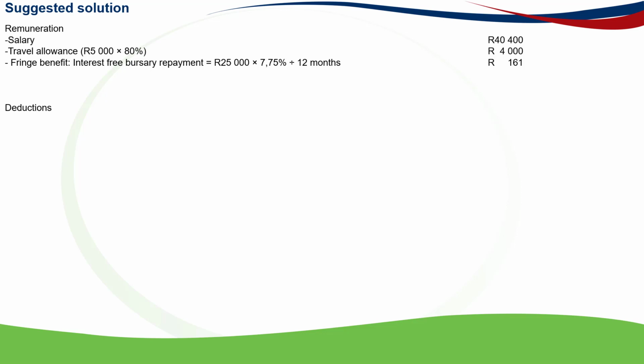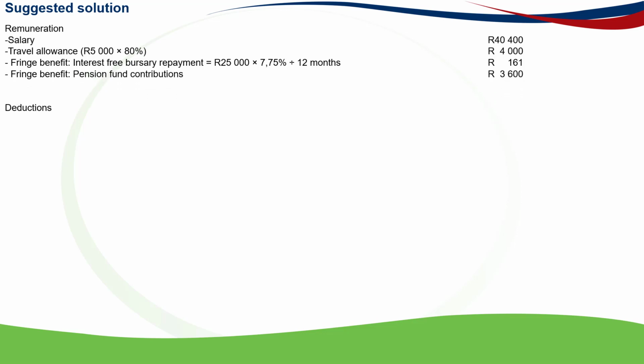Remember, if no interest was charged, then it means interest was charged at zero. So you will take the difference between the official interest rate, which is 7.75, less 0%, which will still get you to that 7.75%.